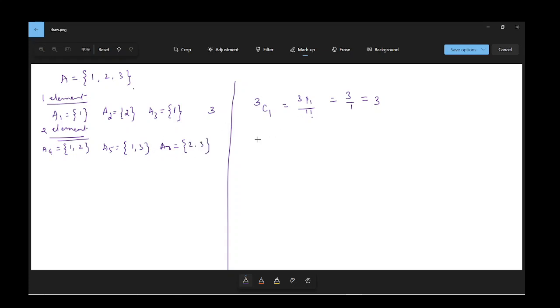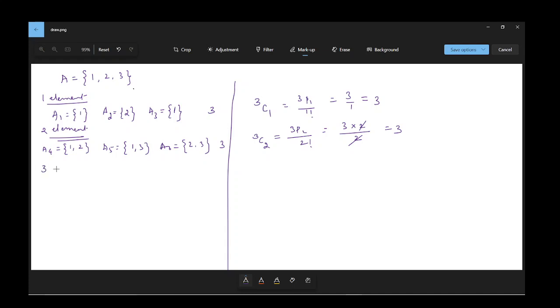So the number of subsets when you are taking two elements at a time is also 3. Let's see with this calculation. Out of 3 elements we are taking 2 at a time. So it is 3C2, which is 3P2 by 2 factorial. 3P2 is 3 into 2. 2 factorial is 2. So 2 and 2 cancel. So it is 3 again.